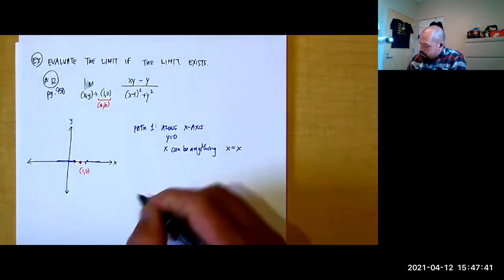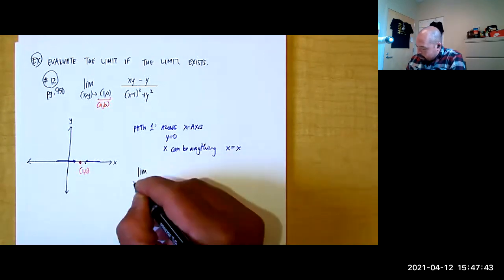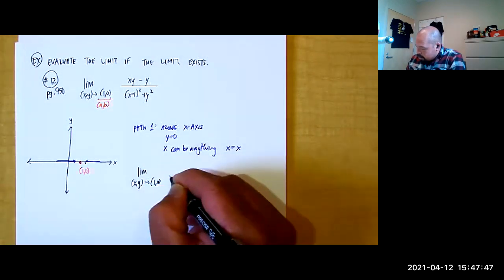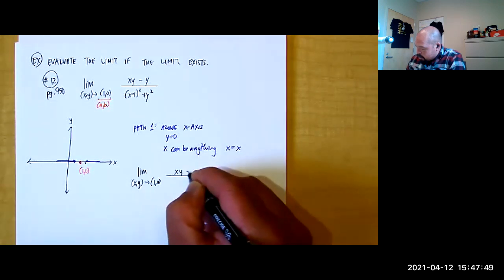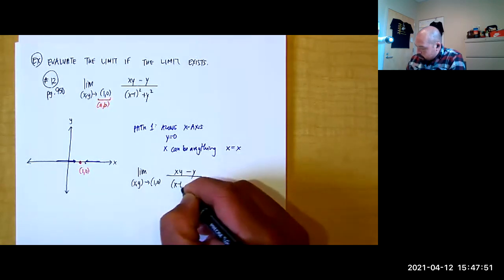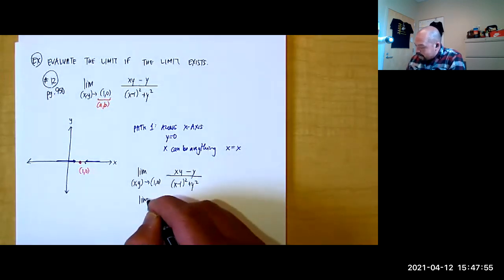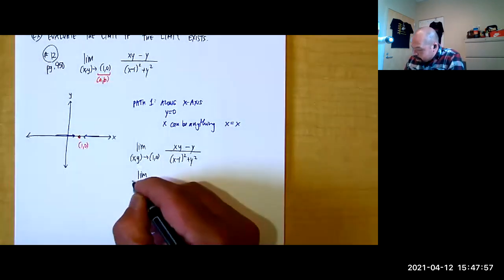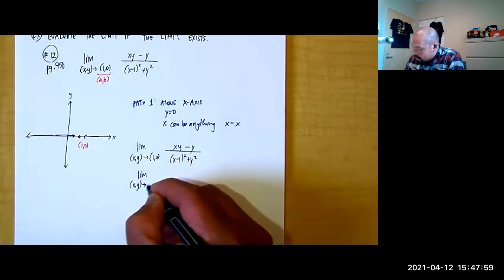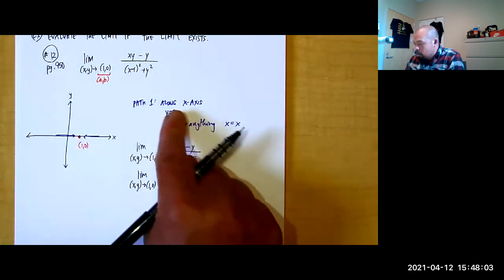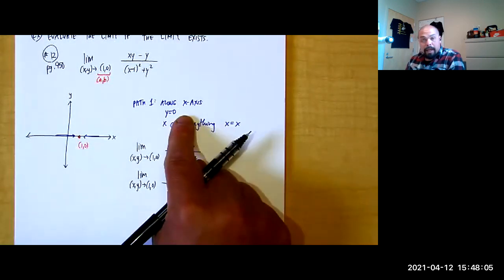So when I think about dealing with that limit then, with that consideration of this first path, I'm going to replace those quantities I know for my x and my y.